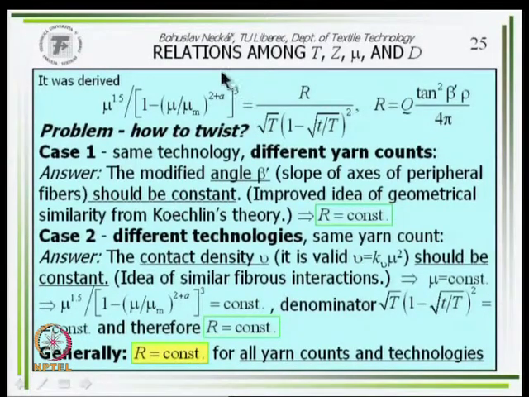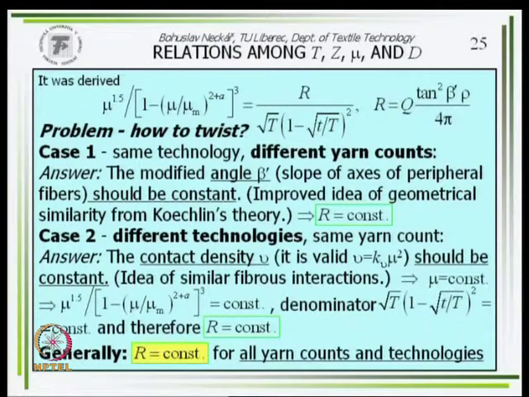Same yarn count, so that it will have the same packing density. Then the left-hand side of our equation is constant. Same packing density mu, yeah? Denominator of the right-hand side: we compare yarns having the same yarn count, from the same material. So the denominator is constant too. And because this equation is valid, also R must be constant. Evidently. Yeah?